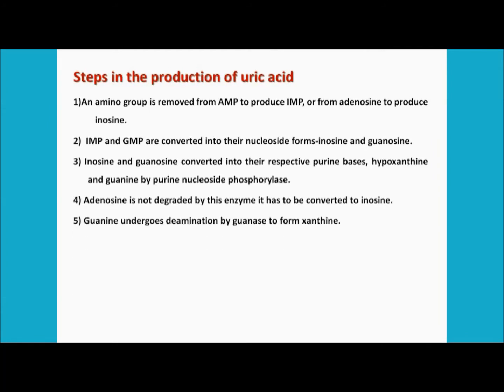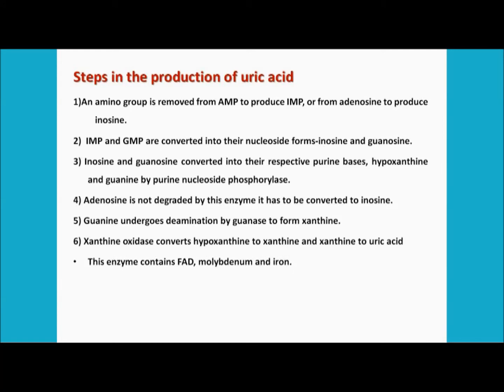In the next step, guanine undergoes deamination by the enzyme guanase to form xanthine. Then xanthine oxidase converts hypoxanthine into xanthine, and xanthine again gets converted into uric acid. What is the enzyme's cofactor?